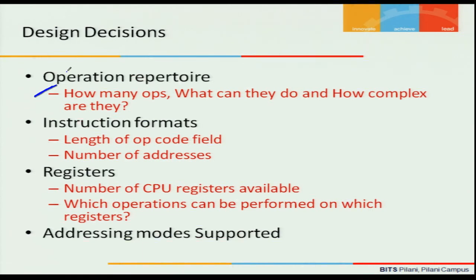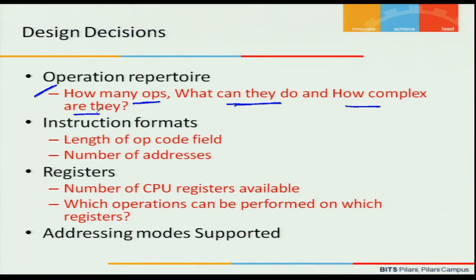So how many operations do I want? What should these operations be able to do? And how complex can they be? For example, I could have an instruction as complex as adding the contents of two registers, then multiplying the result with the contents of a third register, and putting the final result in another register.